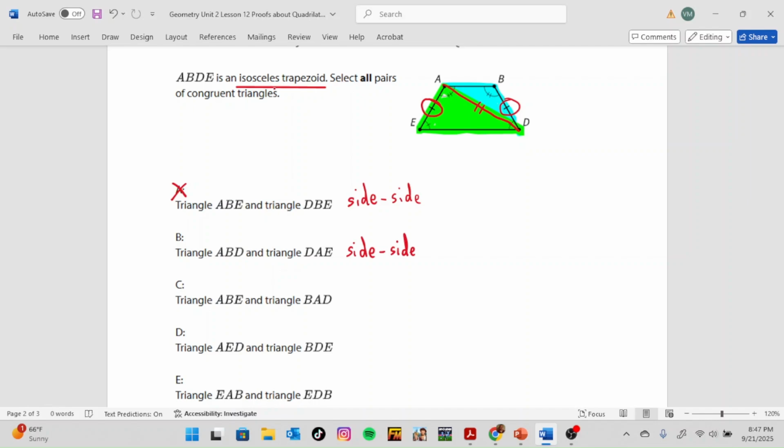But again, AB is not congruent to ED, so we don't have the third side. And if I'm looking at the angles between, angle EAD is not congruent to angle BDA. So only having two sides is not enough to say that the triangles are congruent.